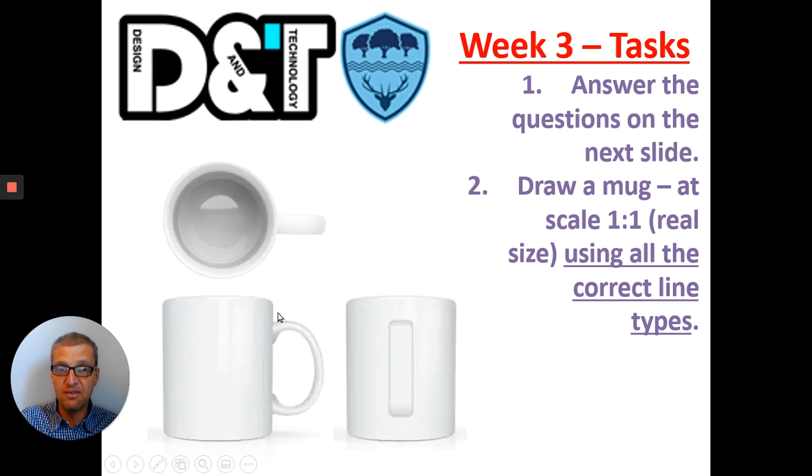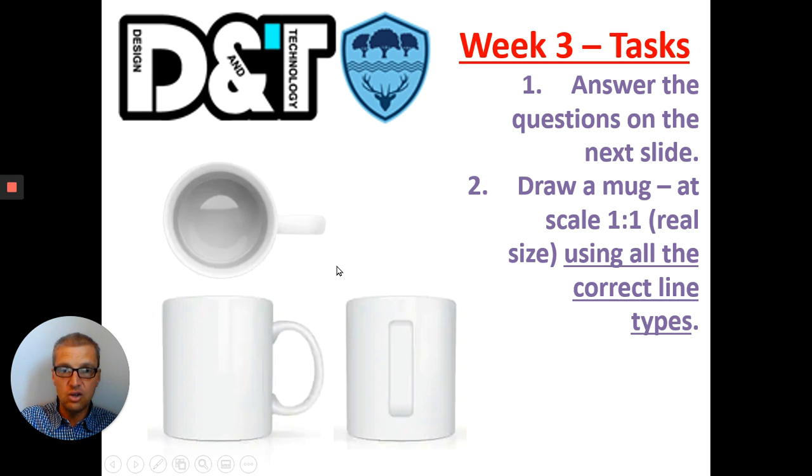The key thing I'm thinking about is using the type of line. So probably some construction lines, which I expect to see on your drawing, and then normal outline. I want some center line in the center of a circle.